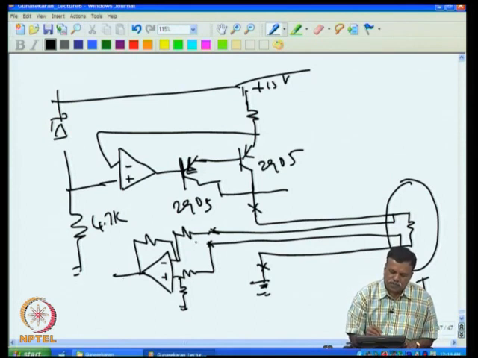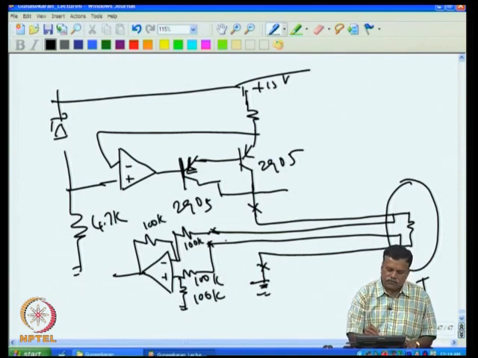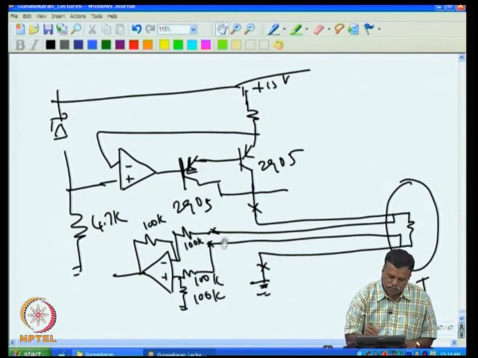Of course I can keep this resistance higher, say I can put 100K, 100K, so that I have only gain 1, because now it's a difference amplifier of unity gain. So the difference between these two is now appearing as it is here.